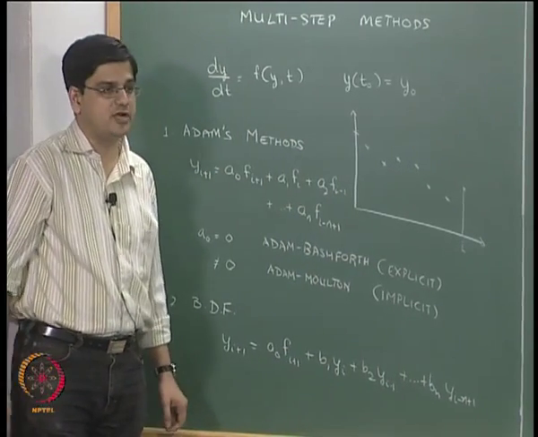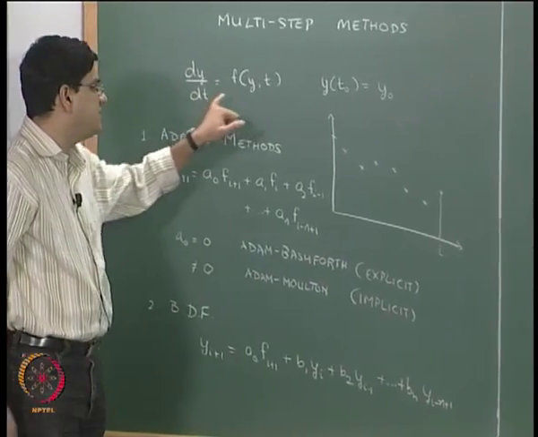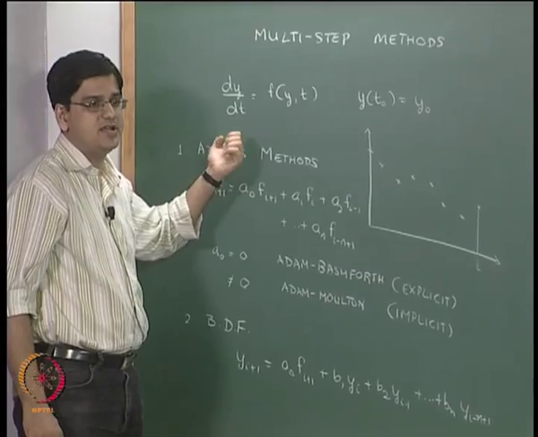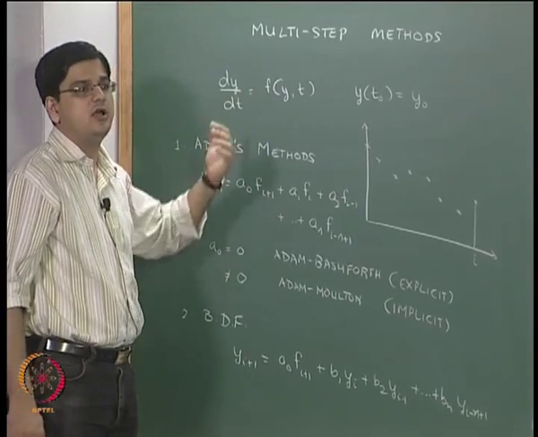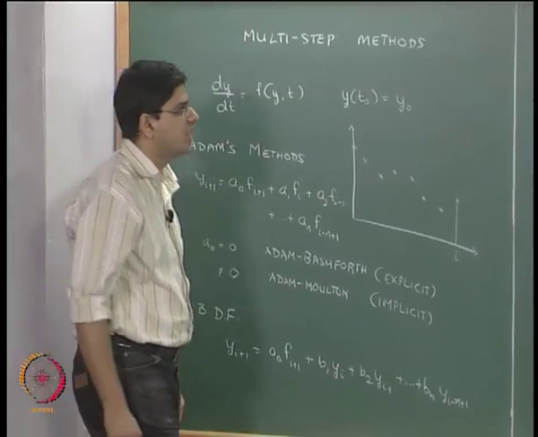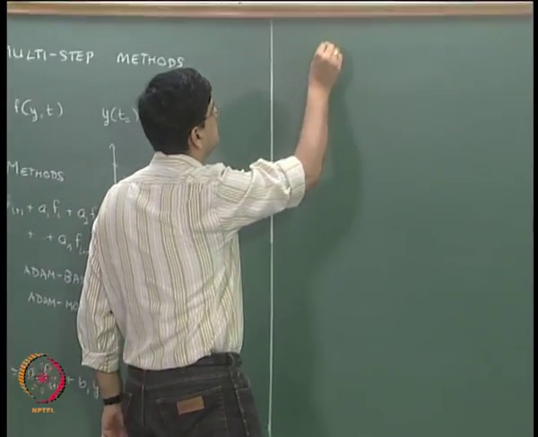It is fairly straightforward. What we have is dy by dt equal to f of y comma t. We express dy by dt using an appropriate backward numerical differentiation, and that is how we derive the backward difference formula.